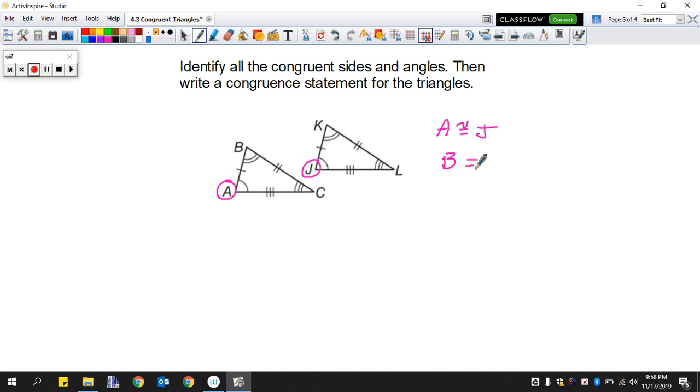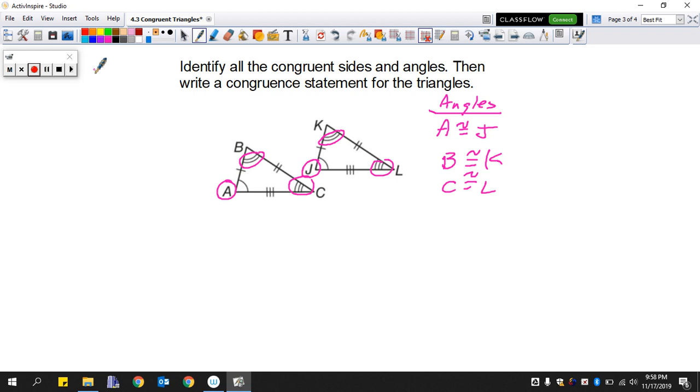B is congruent to K, because these have the two arcs. And C is congruent to L, because you have 3 and 3. So these are the angles that are congruent.